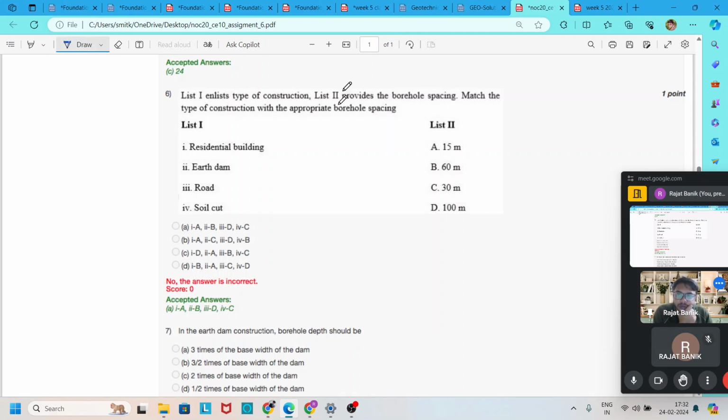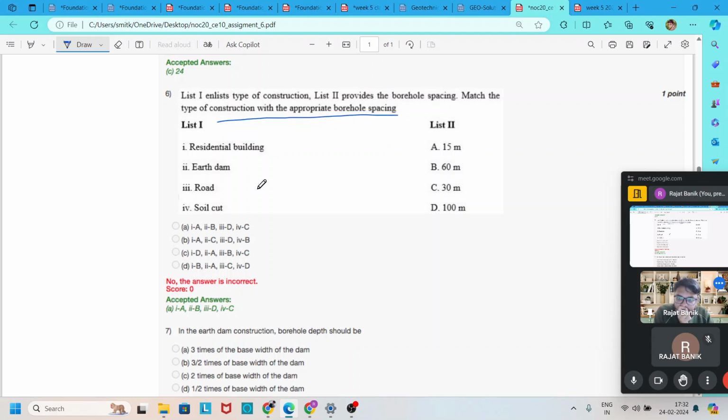Now in question number 6, we have to match the two lists given, which is for construction with the appropriate borehole spacing.